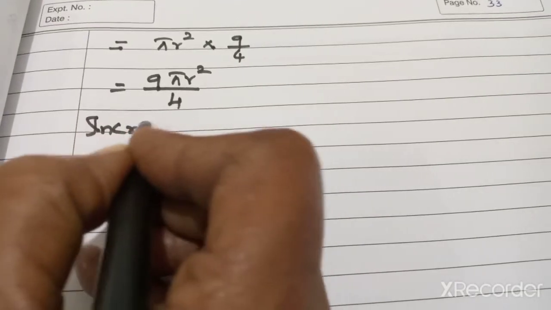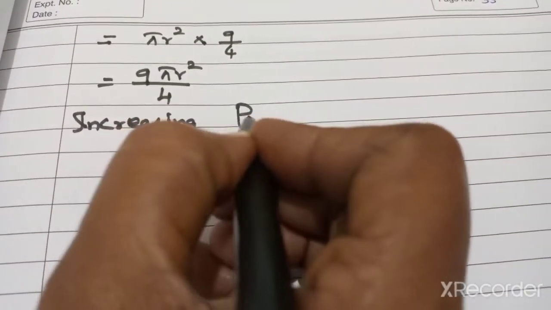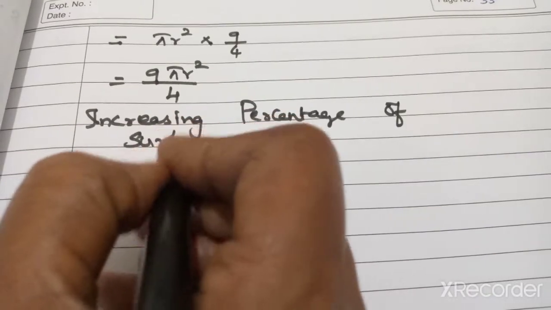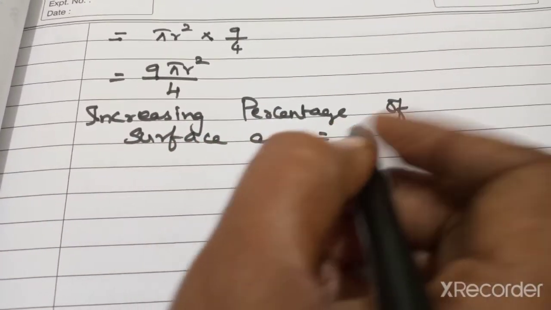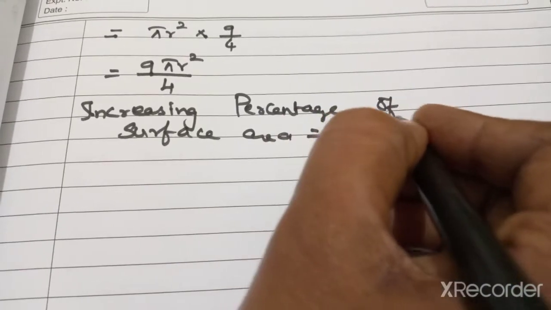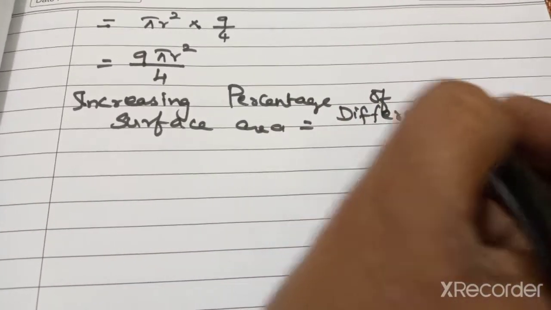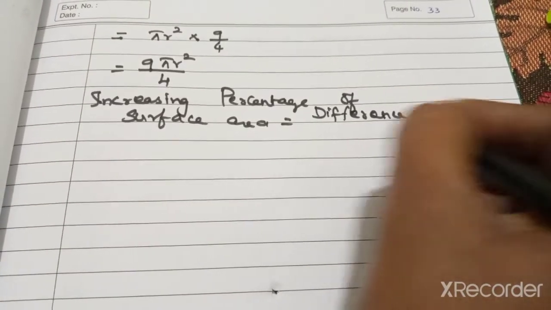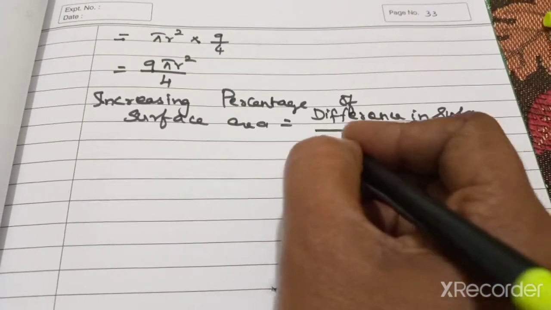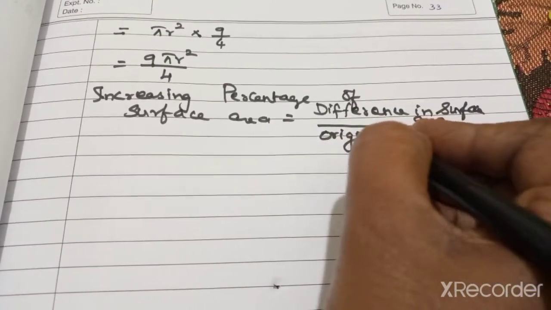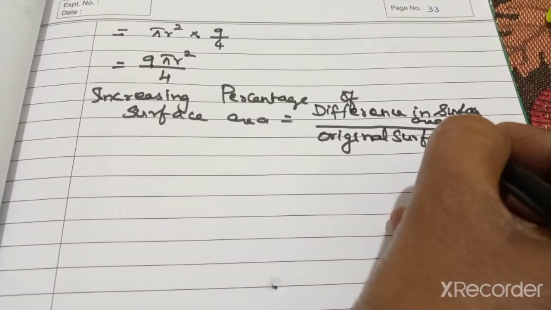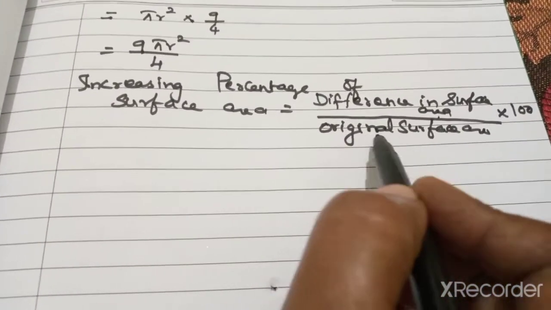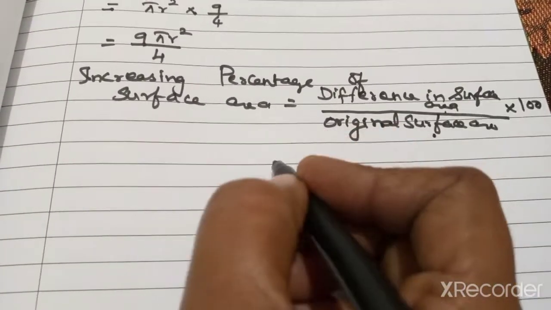Increasing percentage of surface area equals, what is the formula? Difference in surface area by original surface area into 100.